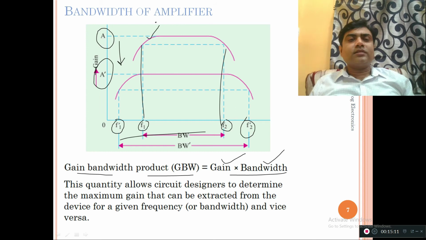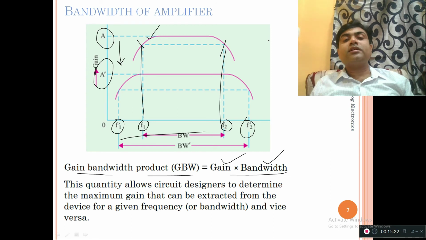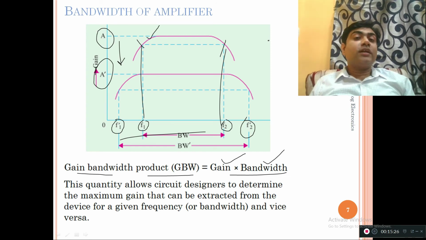It is very obvious. This is one corner point, and this is another corner point. What are these? These are the points which give me 0.707 of the original gain value. And what is 0.707 of the original gain value?